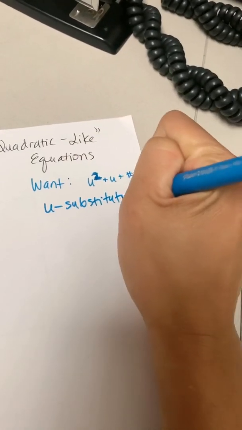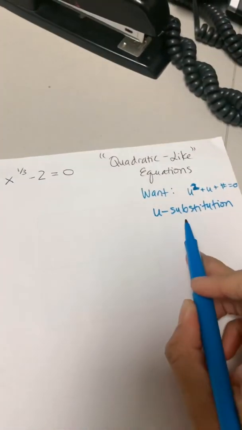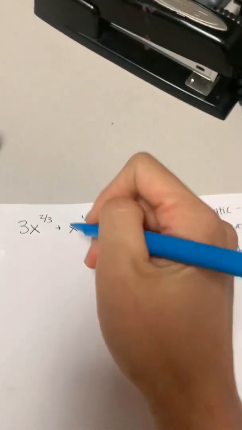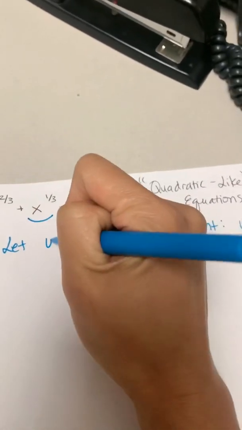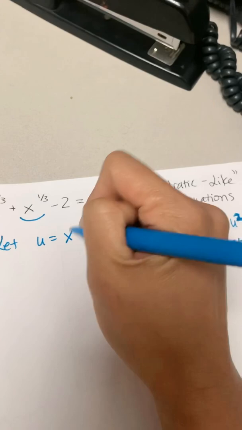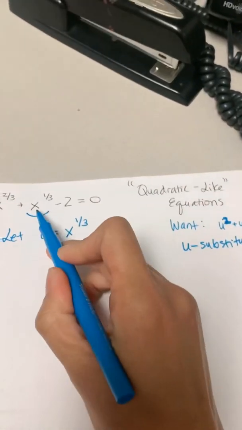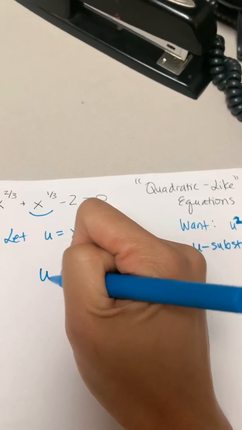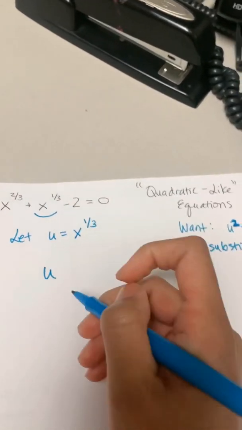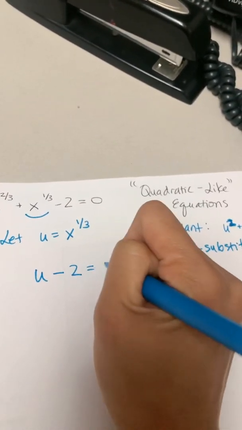I'm going to substitute this x here with a u. I'm going to look at the middle term and let u equal that middle term. That way, when I replace it, I'm going to end up getting a u instead of an x to the 1/3. So I have u minus 2 is equal to 0.